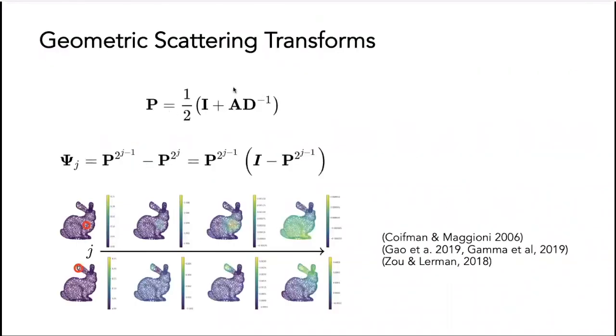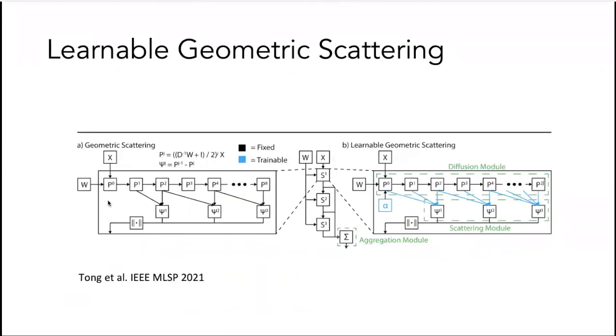And this lazy random walk operator, you can power it to different scales. And this creates what's called a diffusion wavelet. And we use neural networks with diffusion wavelet layers because remember, this is just matrix multiplication on these matrices, no eigendecomposition, just like graph neural network Laplacians. And we created a learnable version of this that was published in Machine Learning for Signal Processing last year.